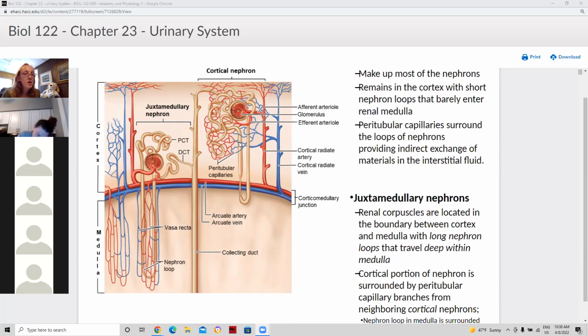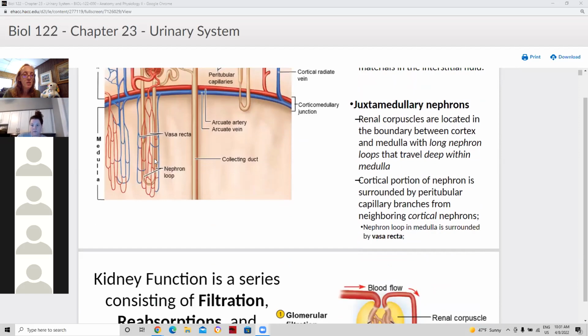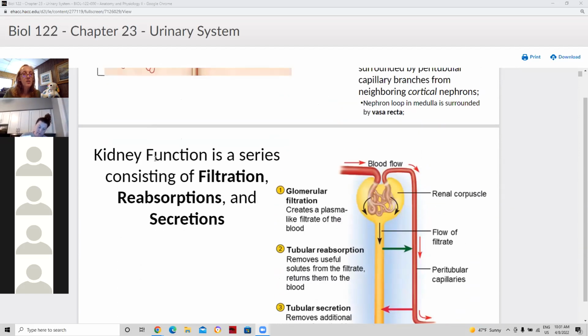The cortical nephrons' loops go only very slightly into the medulla, but they don't extend down deep. Most of the nephrons in your kidneys are cortical nephrons. About 20% of them are juxtamedullary nephrons. Any questions so far?